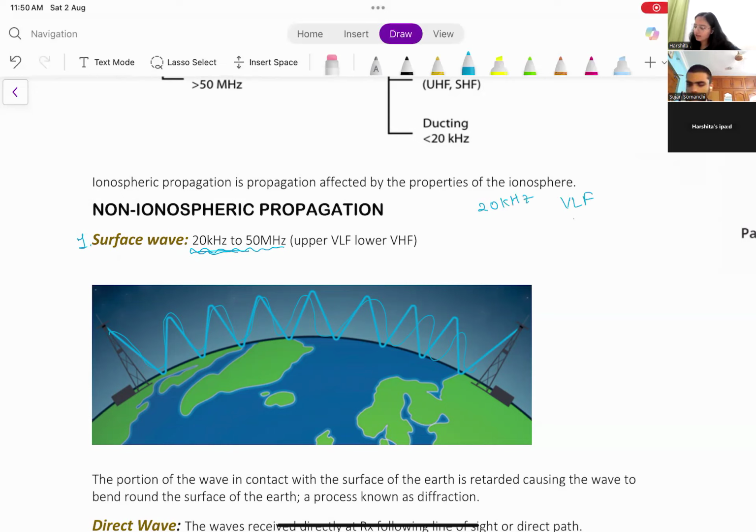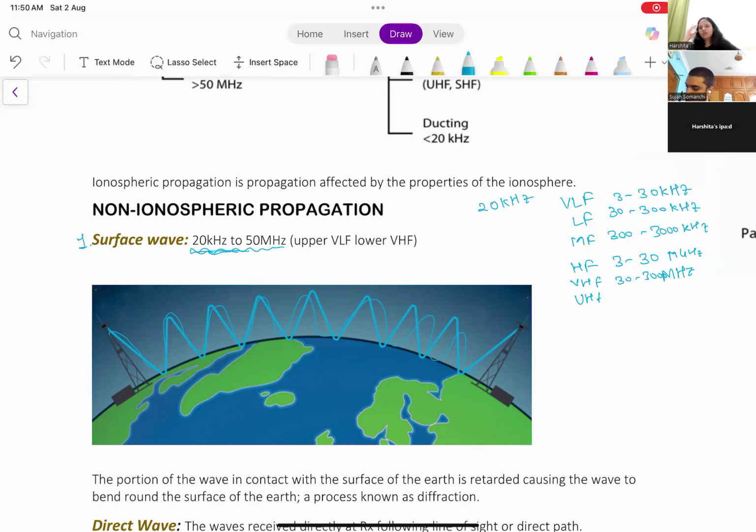VLF, LF, MF, HF, VHF, UHF. MF is 300 to 3000 kilohertz. HF is from 3 to 30 megahertz. VHF is 30 to 300 megahertz.